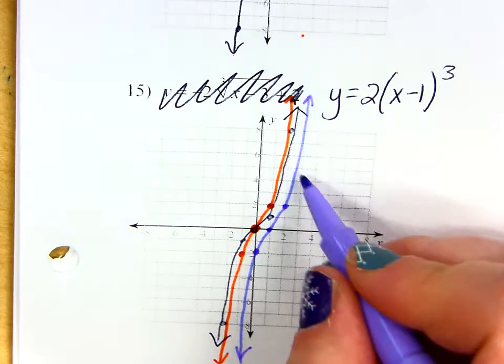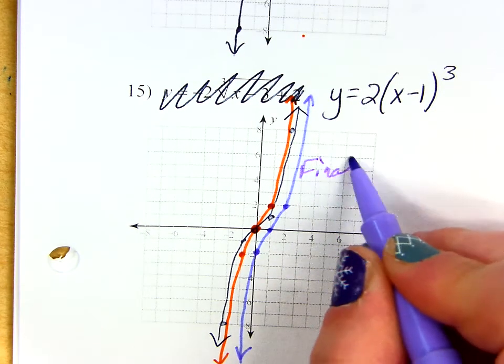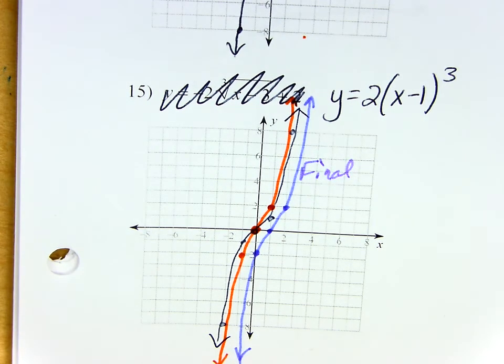And that's pretty much it. There's my final graph in purple. So no matter which one we're trying, my steps are pretty much the same every which way. Okay, so that's all of them.